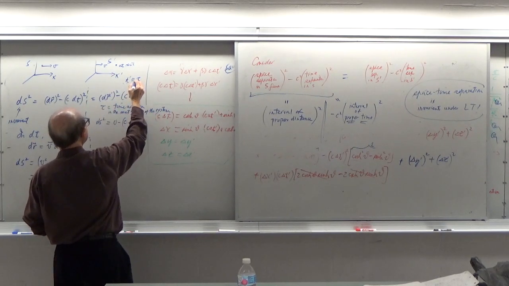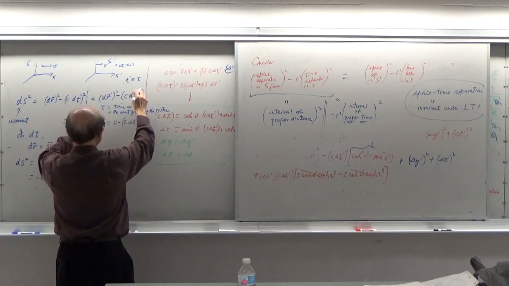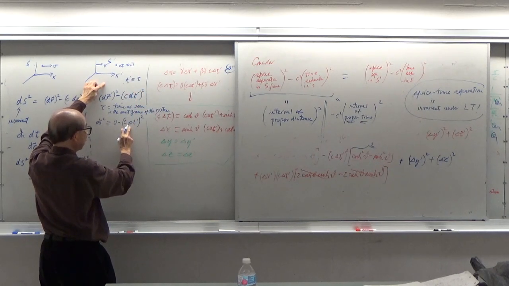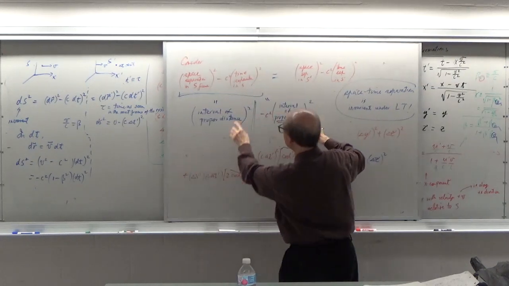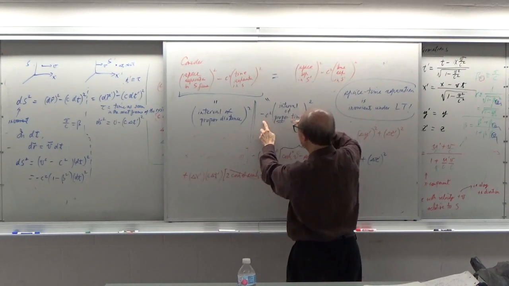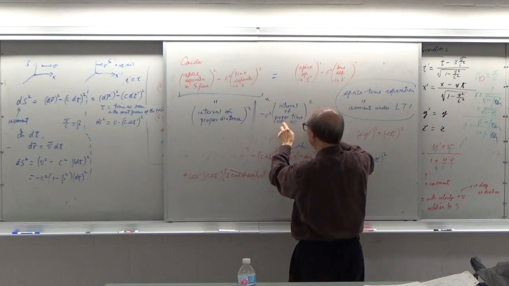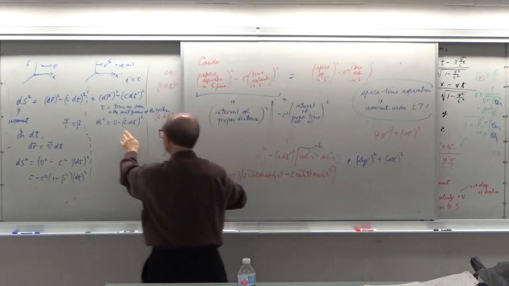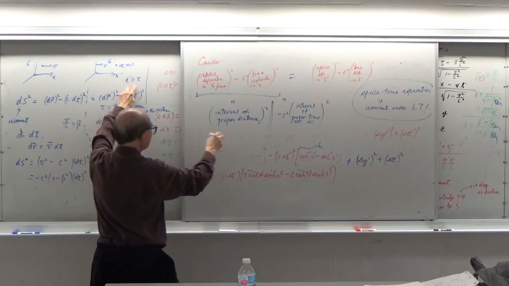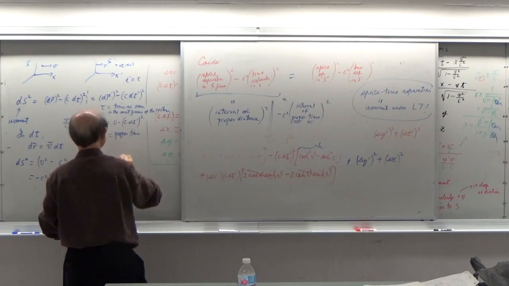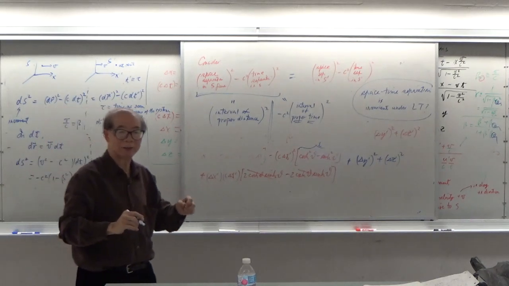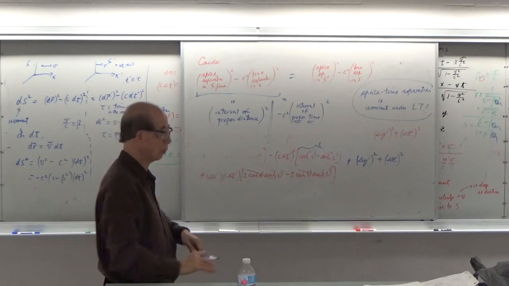And since it is given by only this time term, it is to be compared with the space-time separation given by the so-called square of the interval of proper time, minus c squared d tau squared. So this tau is the proper time of the system. It is time as seen in the rest frame of the system under consideration.